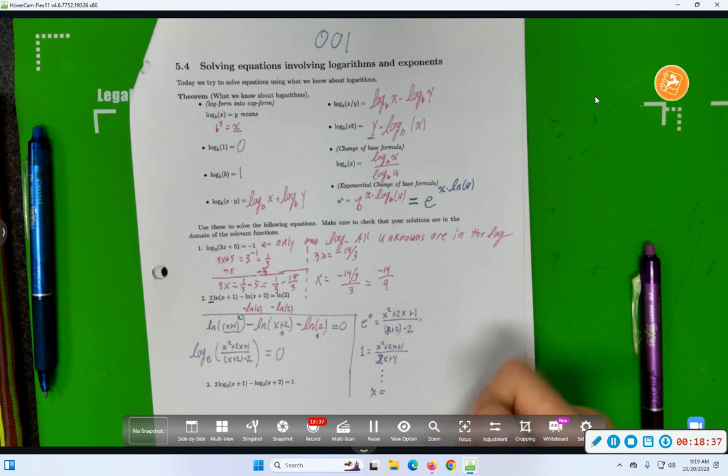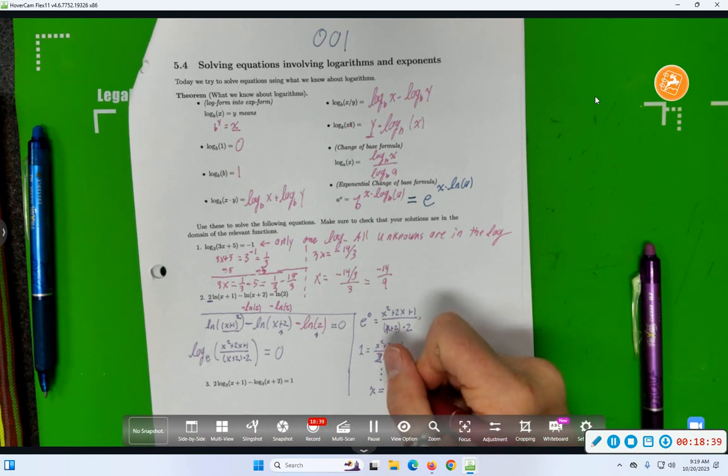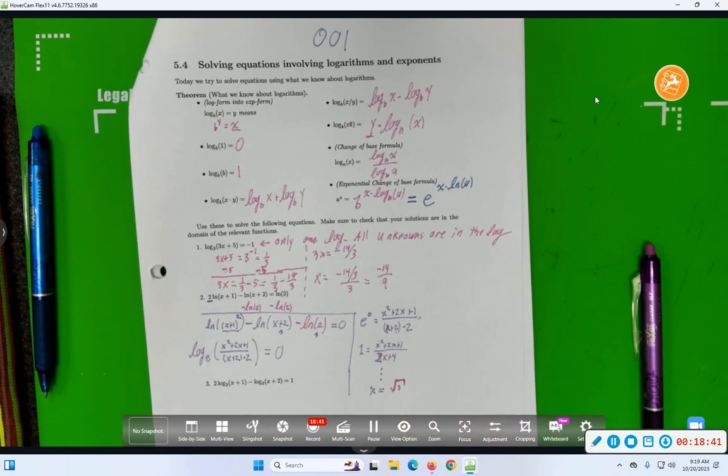I hear a square root of 3 as the only solution. Anyone get different solutions? Anyone get themselves stuck at some point and doesn't want me to talk through it?